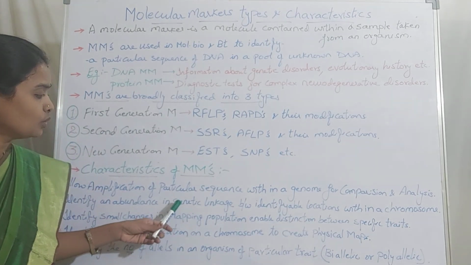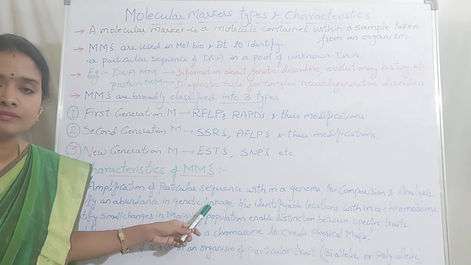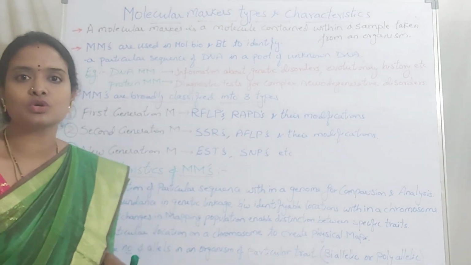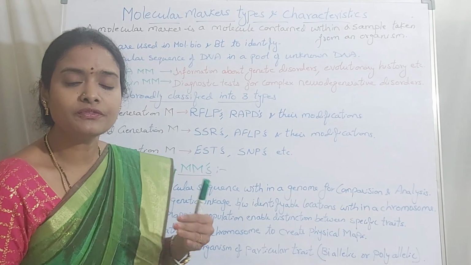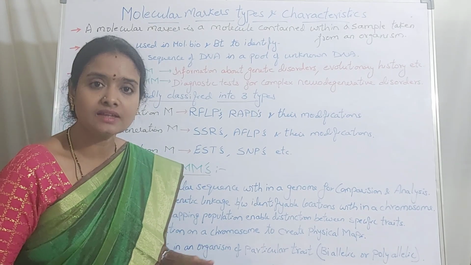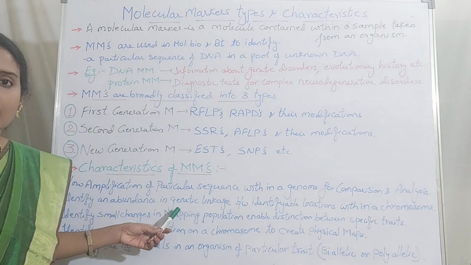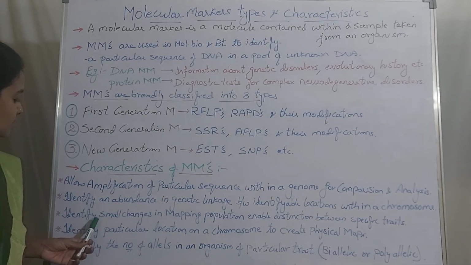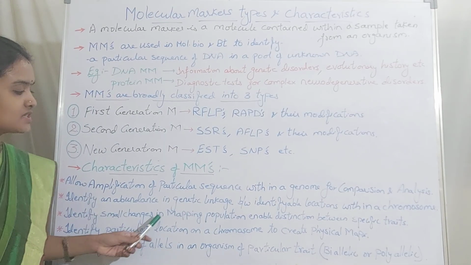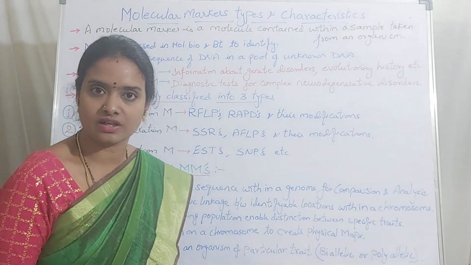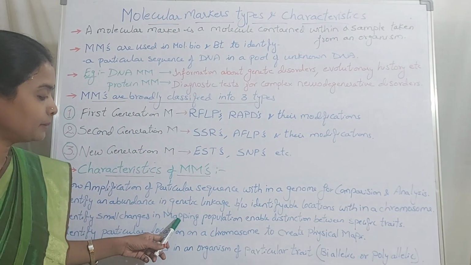So when you have the genetic linkage, right, when there is some linked gene within the chromosome, if you want to know the particular linkage, where the location of the linkage is, you can identify that. Then third one, identify small changes in mapping population, enabling distinction between specific traits. So what do I mean by mapping?